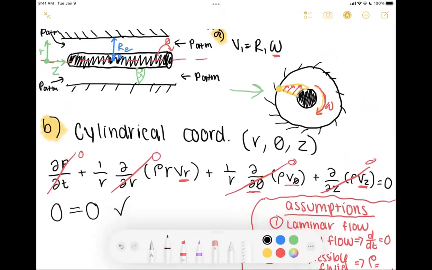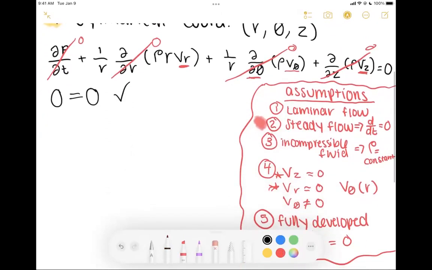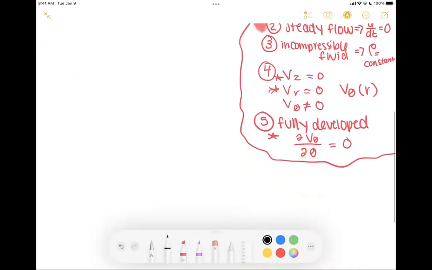So now that we have part A and the first part of part B of the cylindrical coordinate down, we are going to move on to the second part of part B, where it says to determine the Navier-Stokes equations for this. These equations are a little bit longer and look a little bit scarier, but they are not as bad as they look.